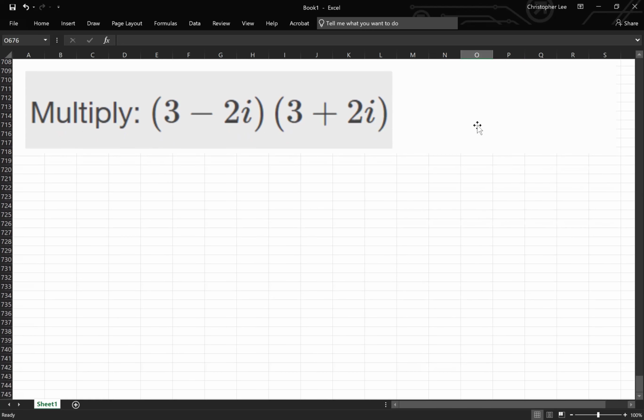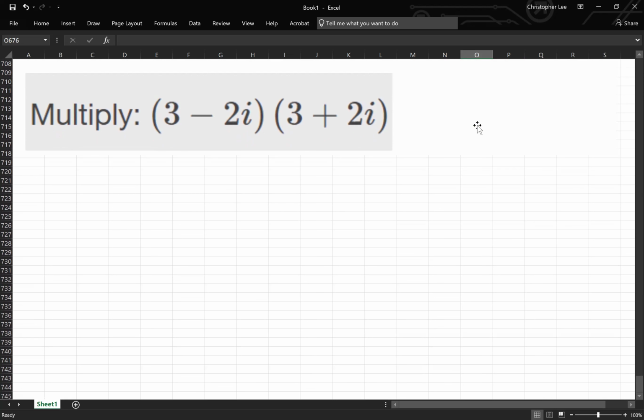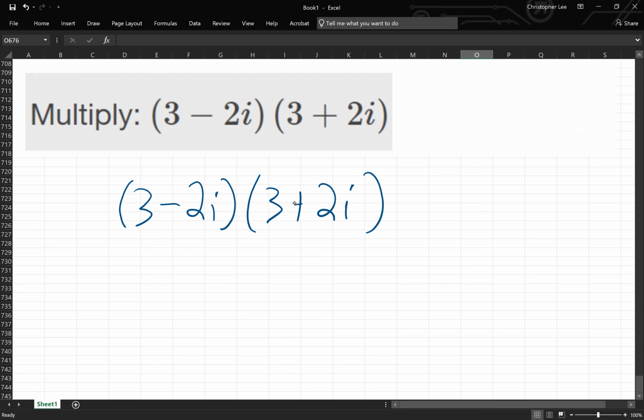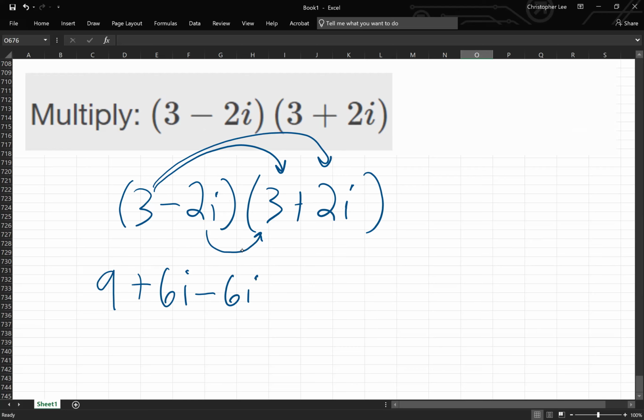All right, let's try this out. So just to recap, I have 3 minus 2i times 3 plus 2i, right? This distributes. So 3 times 3 gives me 9. 3 times 2i gives me plus 6i. Negative 2i times 3 gives me negative 6i. And last but not least, negative 2i times positive 2i is going to give me a negative 4i squared, right?